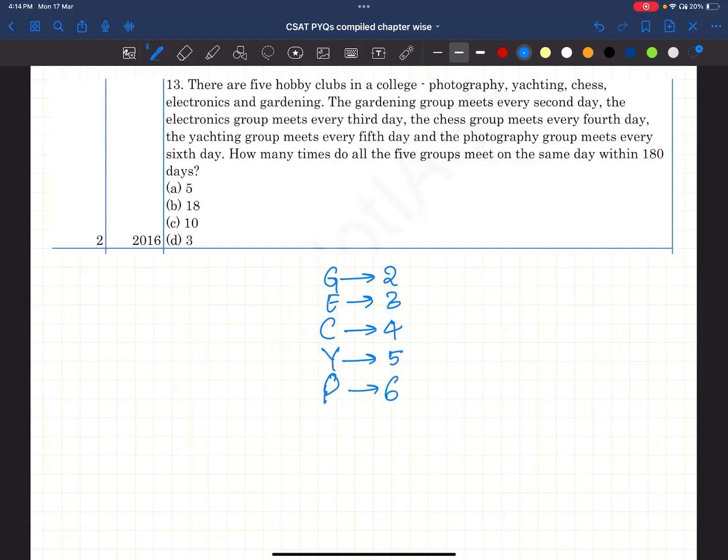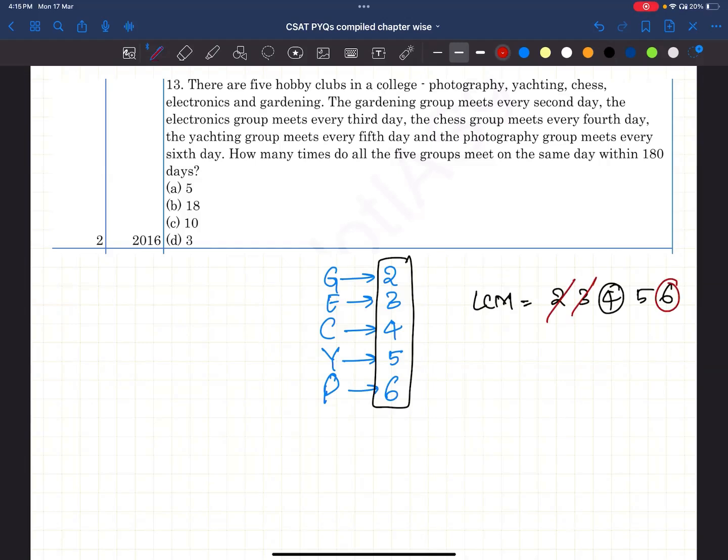How many times do all the 5 groups meet on the same day within 180 days? Simply, this is the question. It is an application of LCM, right? We need to find the LCM of 2, 3, 4, 5, 6. Already 4 contains 2, so we are taking 4. 6 contains 3, so we have taken 3.